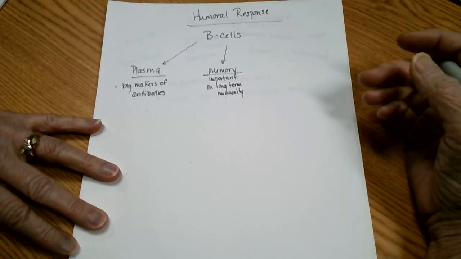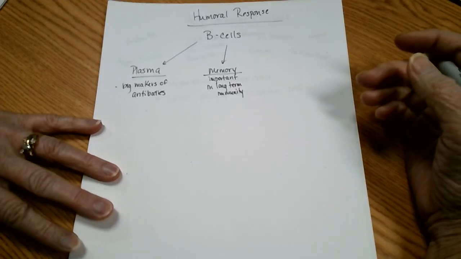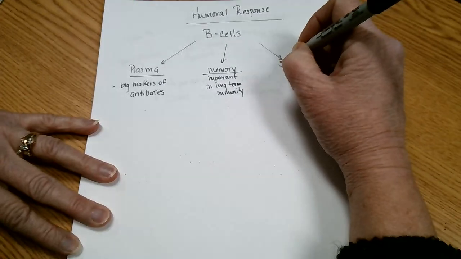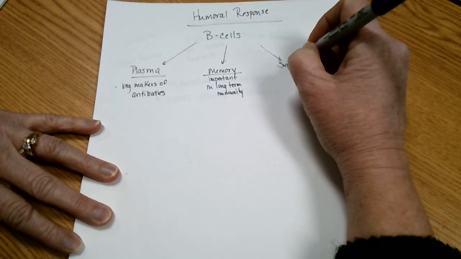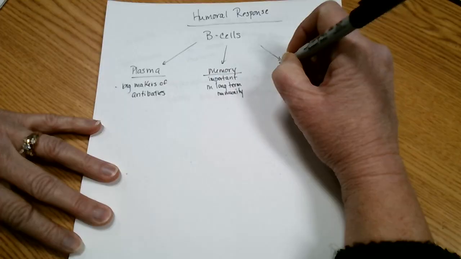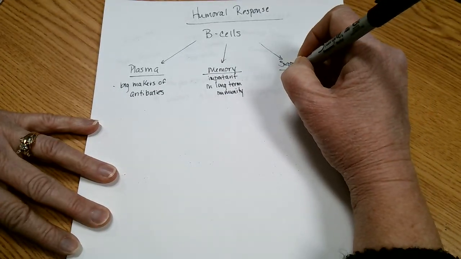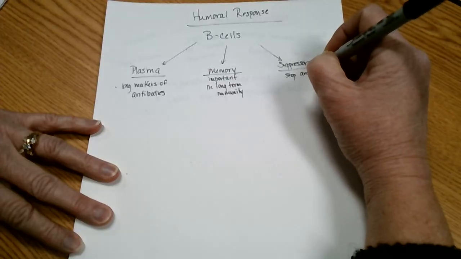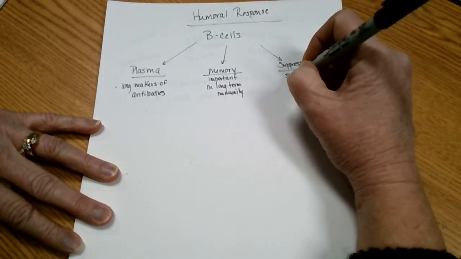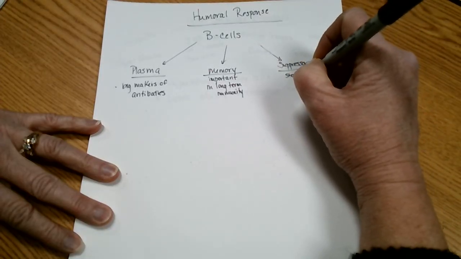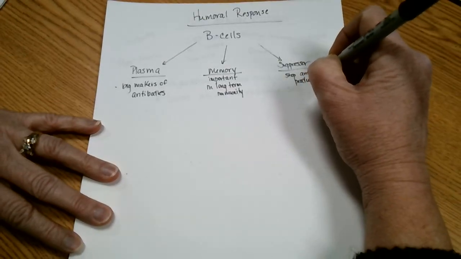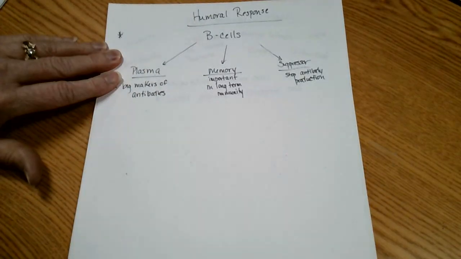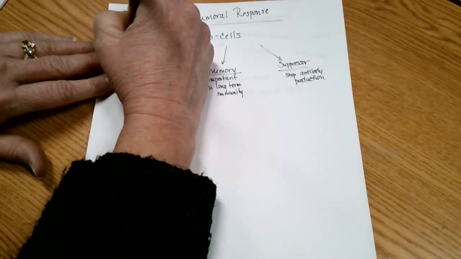And then finally, we're going to mention some suppressor B cells out there too. And just like the suppressor T cells, the suppressor B cells will stop antibody production. Now, all of this is activated by the T cell.